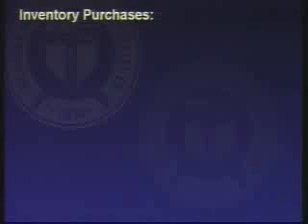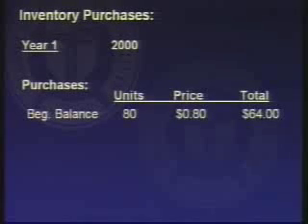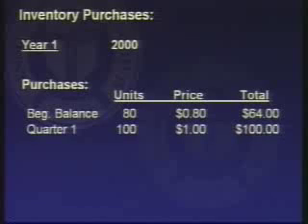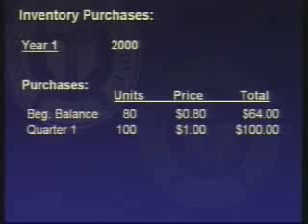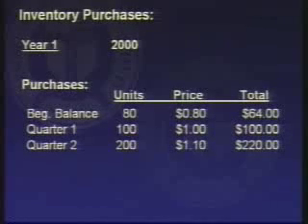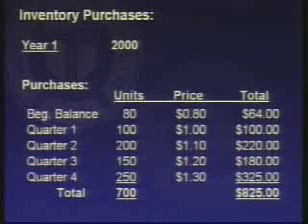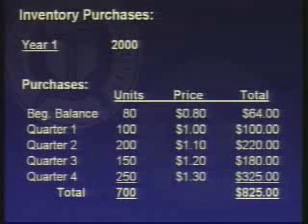LIFO, FIFO, weighted average. In year 1, we have a beginning balance of 80 units at 80 cents for a total cost of $64. In the first quarter, we buy 100 items at $1. Next, we buy 200 items at $1.10. 150 at $1.20. Quarter 4, we buy at $1.30. So again, 80 cents, $1, $1.10, $1.20, $1.30.